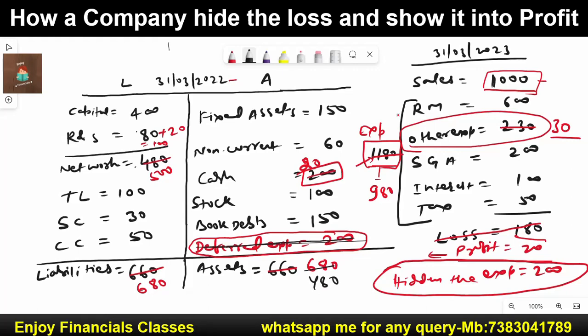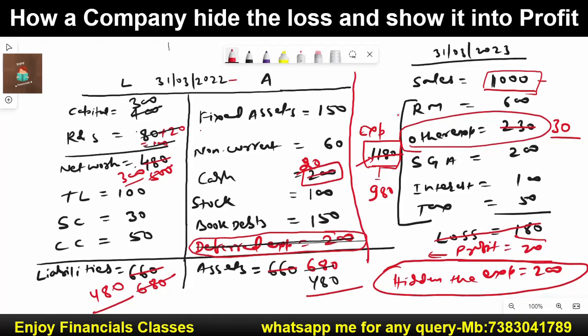On the left side, 200 rupees you have to reduce. So the reserve and surplus you have to make zero, and 100 rupees you have to reduce from the capital side. So now the total net worth has been reduced to 300, and the liability side will also come down to 480. This is what, as a banker or investor, you should do in the analysis.